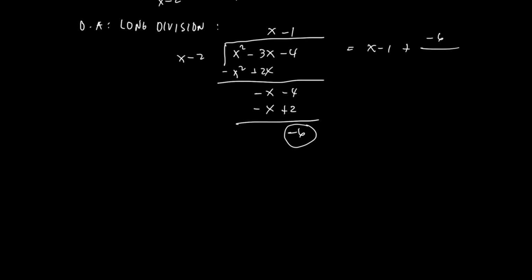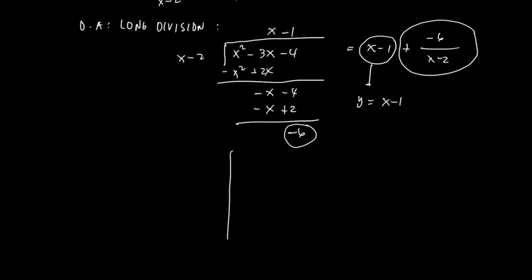The answer here is x minus 1 plus negative 6 over x minus 2. But we don't mind about the remainder. We just take the quotient there, which is x minus 1. So therefore, our oblique asymptote is this one, y is equal to x minus 1.